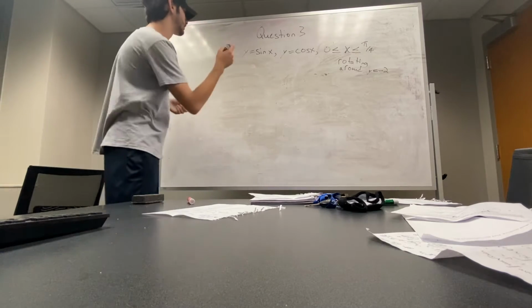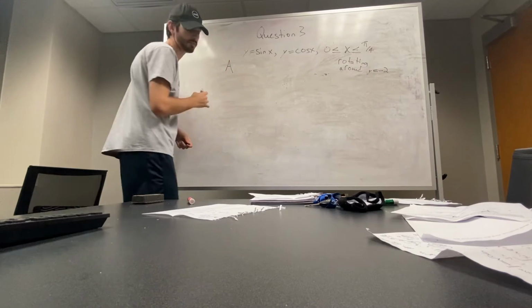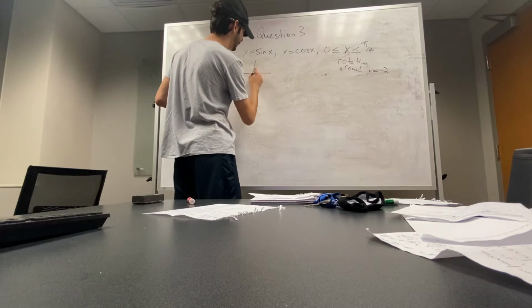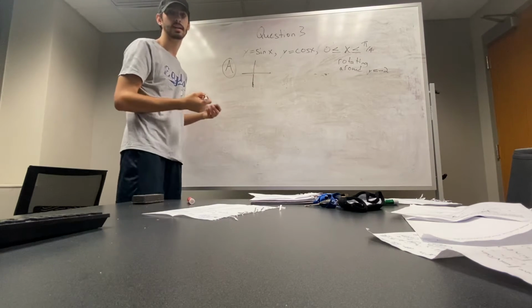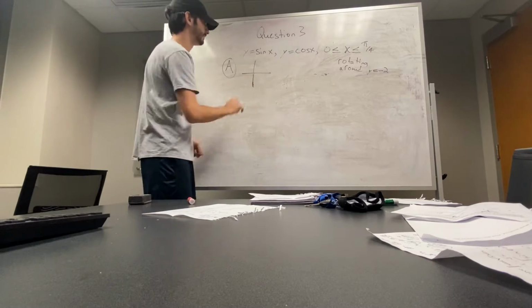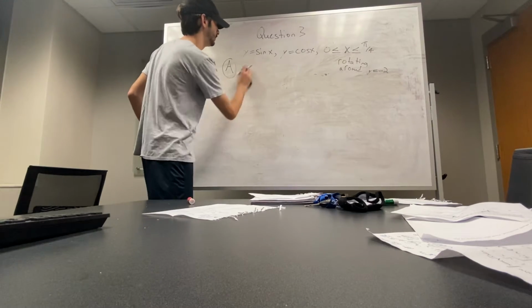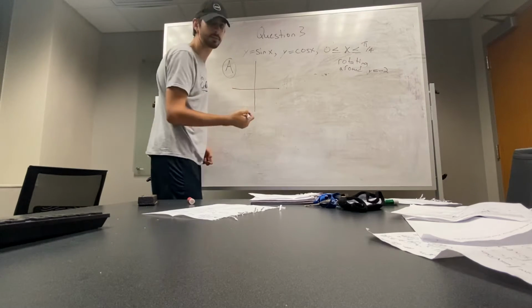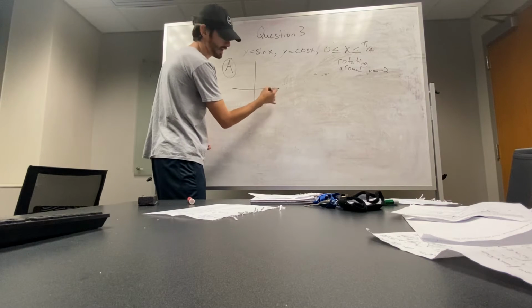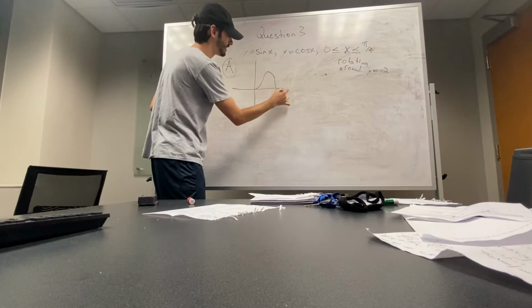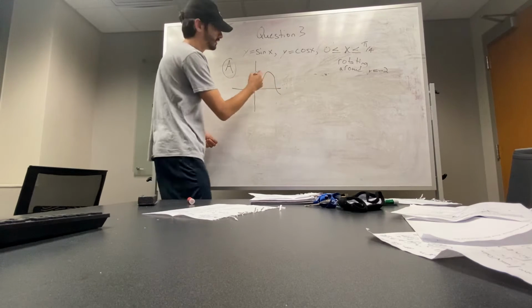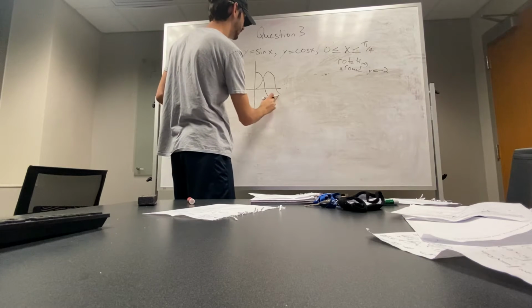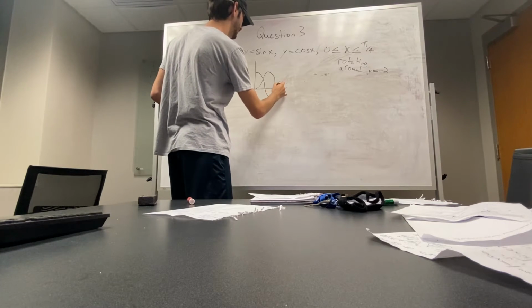So what we're going to do is split this question into 5 separate parts. We're going to have a part A, which is basically going to be a graph. Let's make it a little bigger. Okay, so we are going to have our graph of sine x and our graph of cosine x, which is going to go like that.